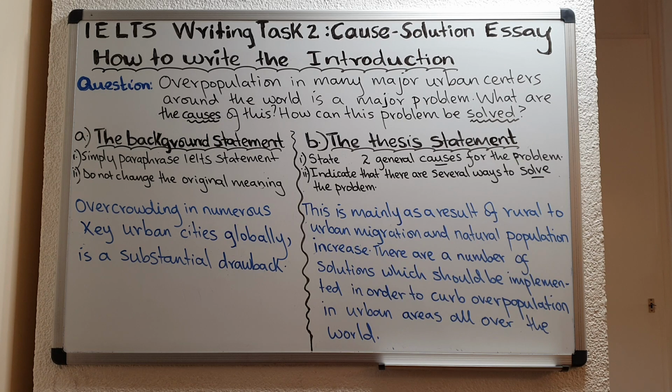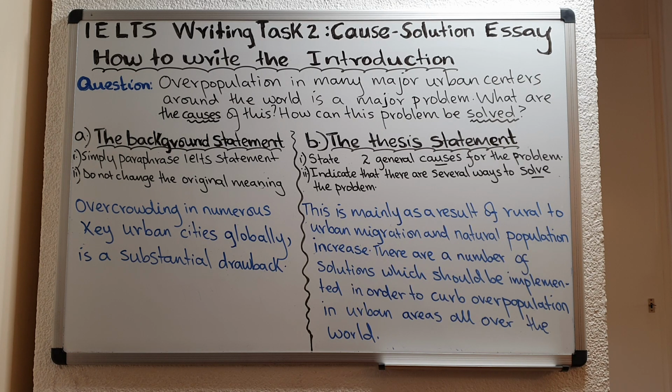The question that IELTS has asked me first is, what are the causes of this? My answer is, this is mainly as a result of rural to urban migration and natural population increase.